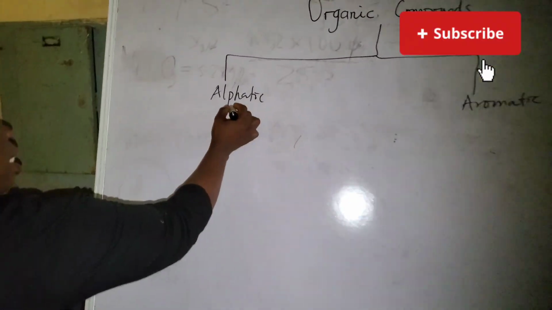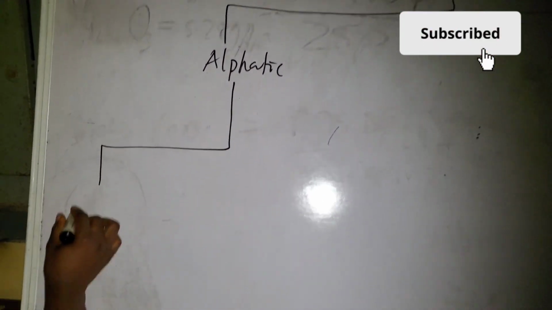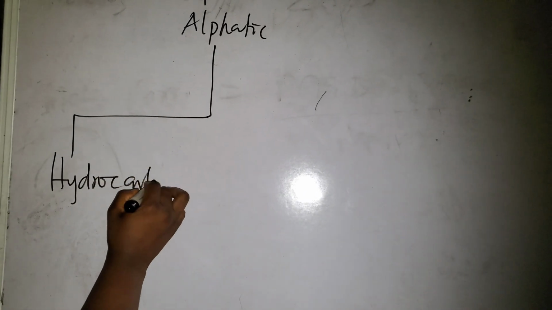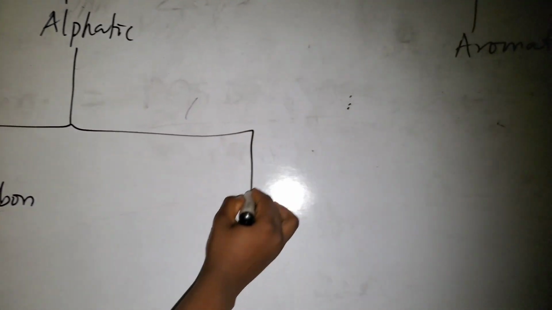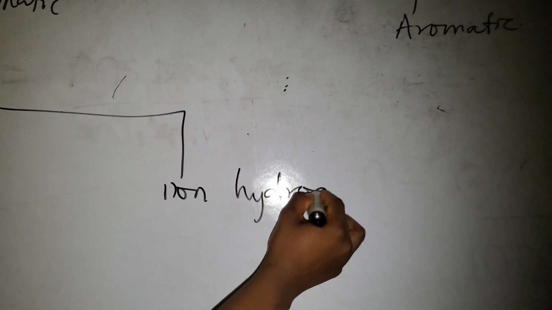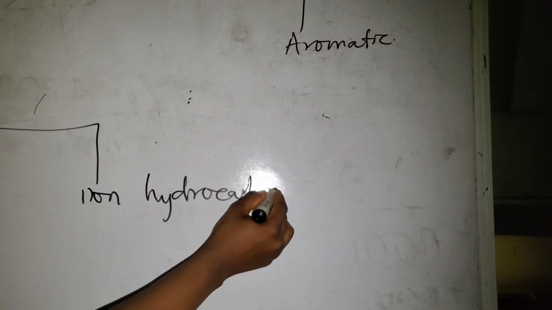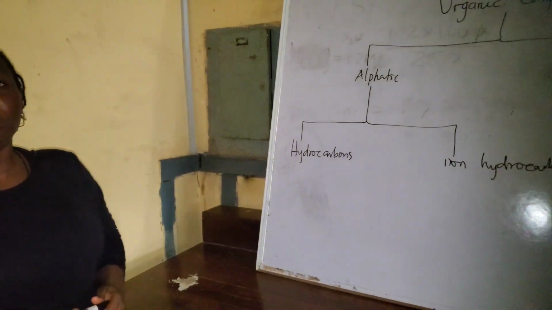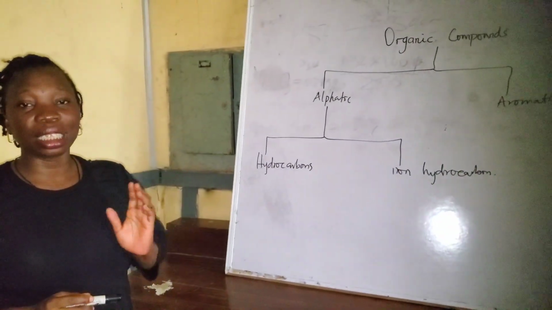Under aliphatic organic compounds, we have hydrocarbons and we have non-hydrocarbons. What are hydrocarbons? As the name implies, hydrocarbons is the chemistry of just hydrogen and carbon.